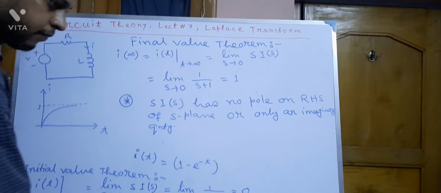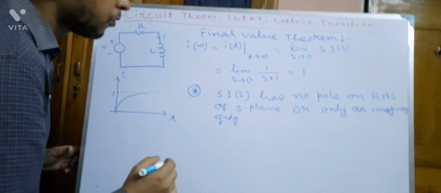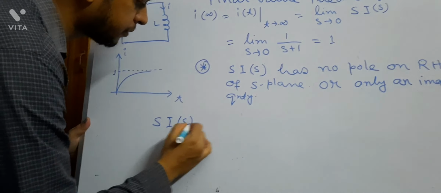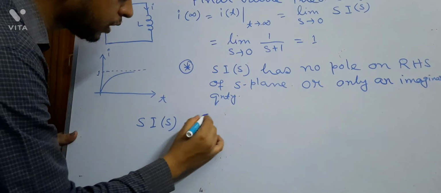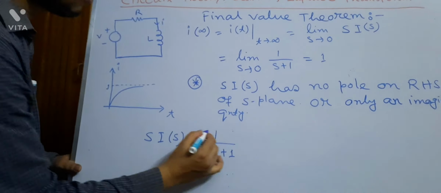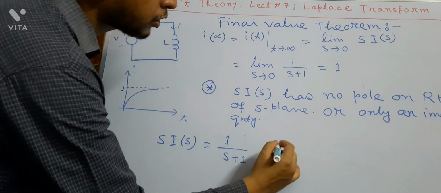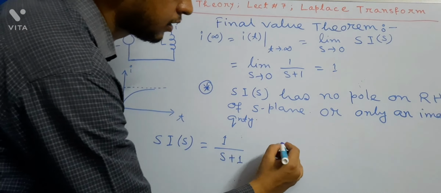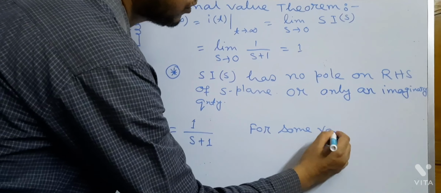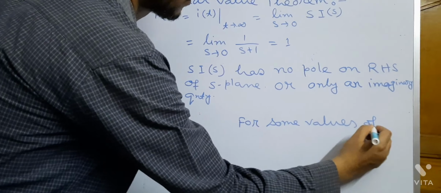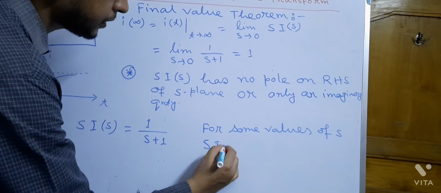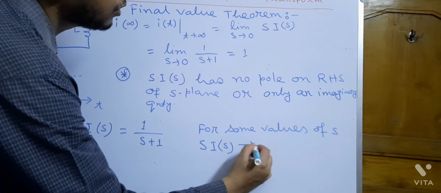Now what is pole? Pole means, in one expression here, s into I(s) is equal to 1 by s plus 1. For some values of s, this expression sI(s) will go to infinity.